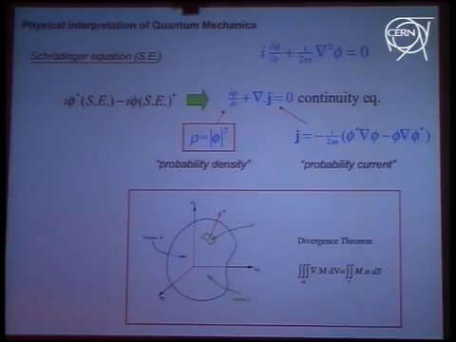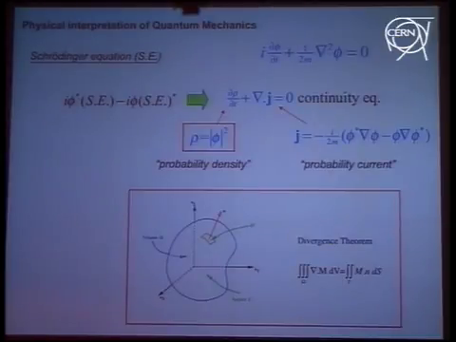And you use the divergence theorem to take the right-hand side and rewrite an integral of del dot j dV as an integral of j dot n dS, where n is the normal. So this is a flux going through the surface. So with that understanding that this is a continuity equation, it's exactly the type of equation one finds in hydrodynamics. This is how you make a physical interpretation of it.